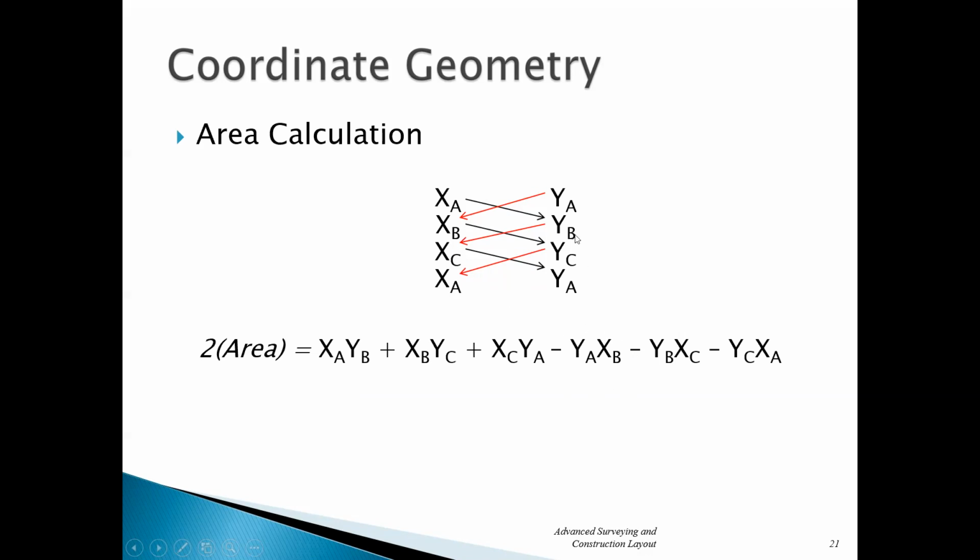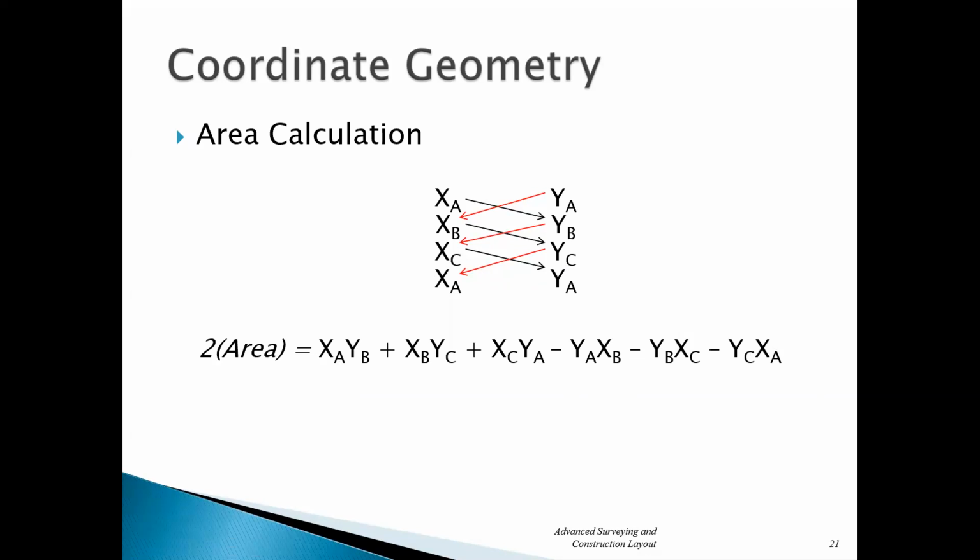Then Y of B times X of C, another negative product, and you do the same thing here. When you sum all these up, it gives you twice the area. So when you get done with your total solution, you just divide everything by 2.